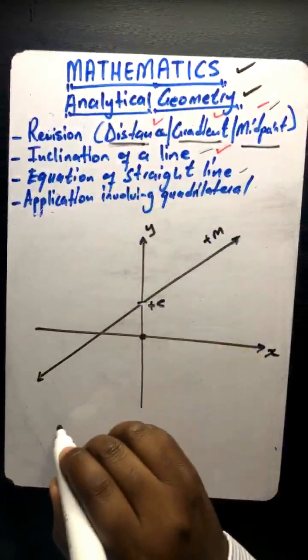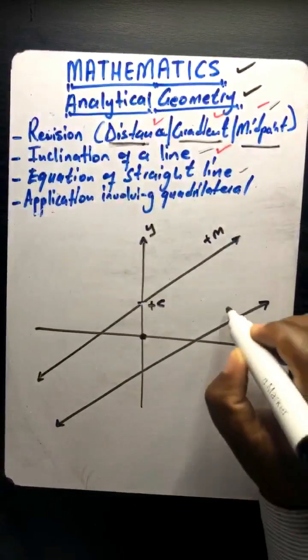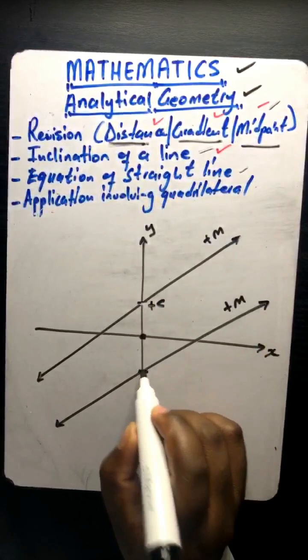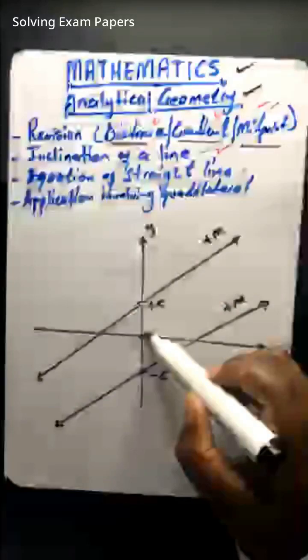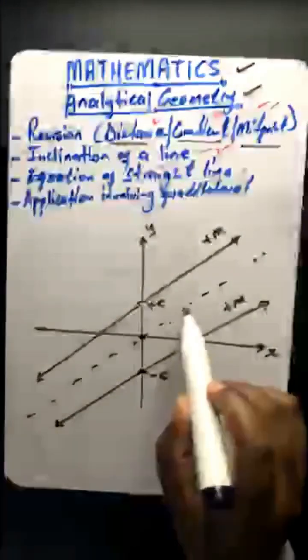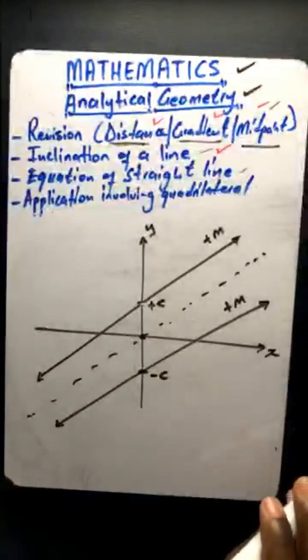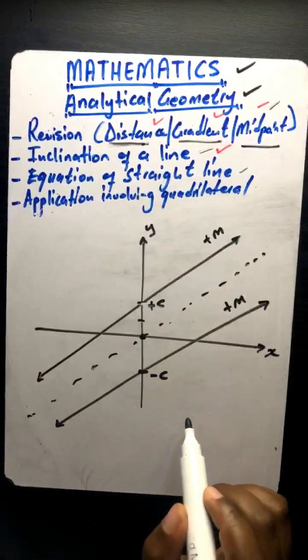If you had a line similar to that, obviously a positive gradient but a negative C value, because originally all the straight lines were passing through the origin. But because we like to be tricky, we shift that up and down. So it was passing there and it shifted by maybe 2 units upwards.